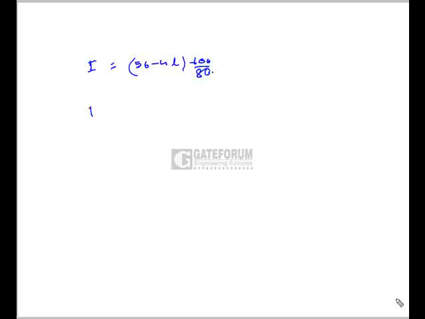We know the power formula, P equals V into I, which is equal to (24 plus 4L) into (56 minus 4L) into 600 by 80.